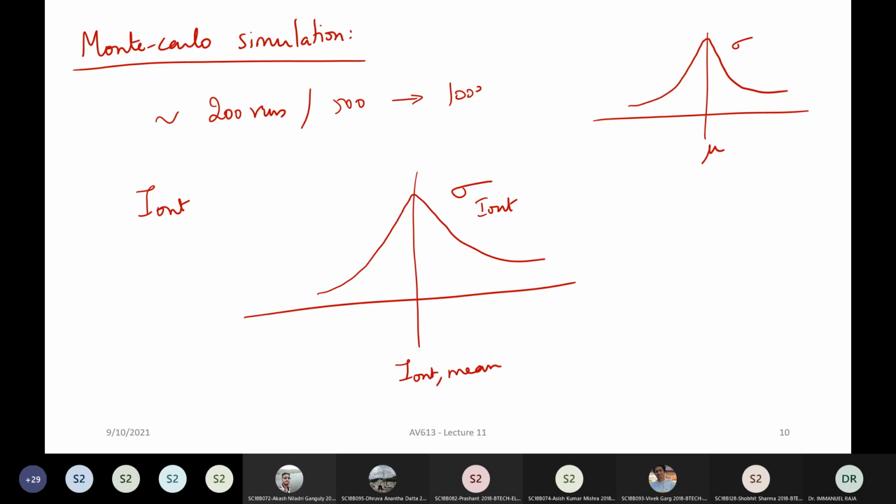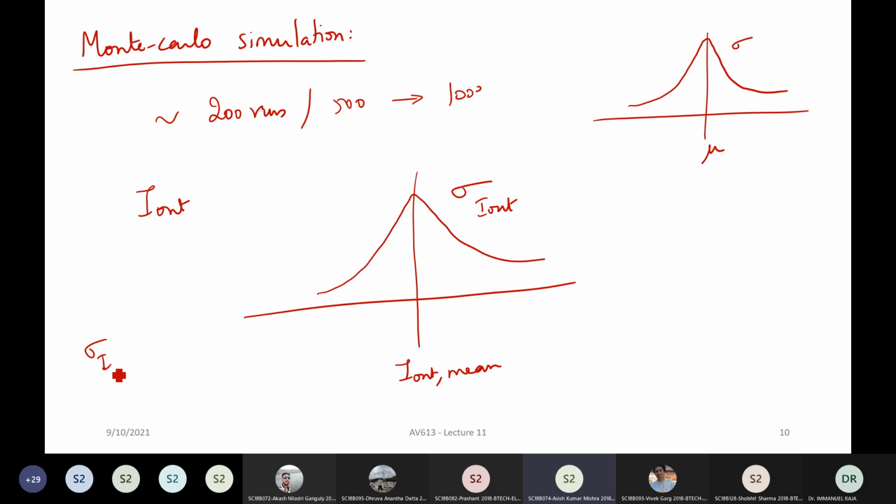In fact, when you run 200 or 500 points, whatever it is, your Cadence tool will be able to plot the histogram also. You can plot the histogram and you will see basically, this much is my sigma and so on. Now, if your sigma is too much, what can you do to reduce the sigma?